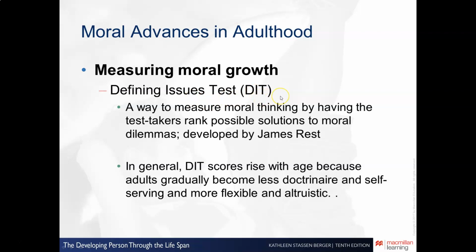Certain types of psychologists or counselors will use this, but it's a way to measure moral thinking by having the test taker rank possible solutions to moral dilemmas. It's usually a pretty good indicator of moral growth, especially when measured over a long period of time in individuals to see how they change throughout growth.